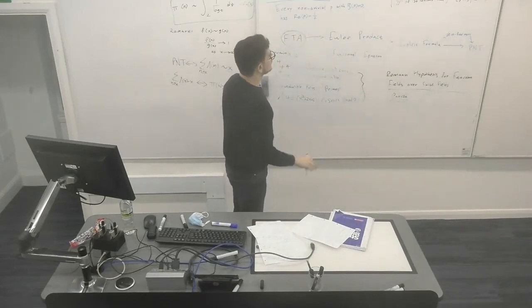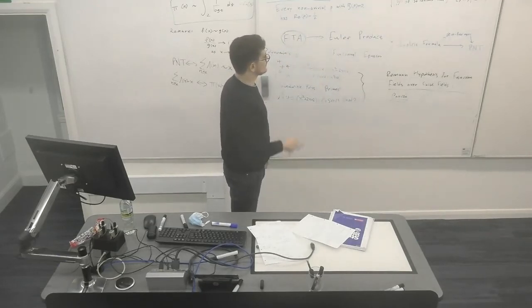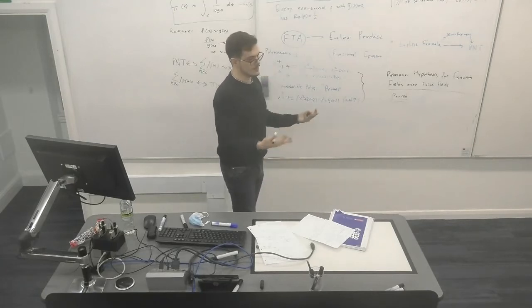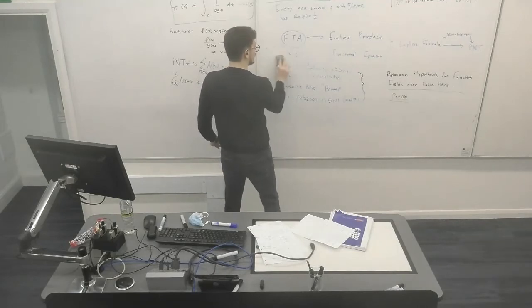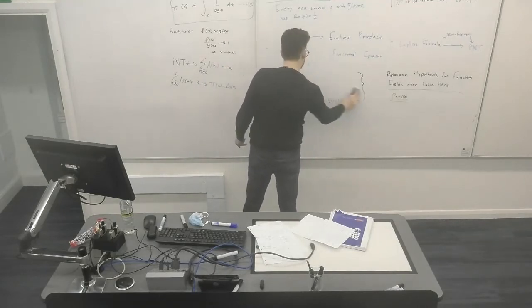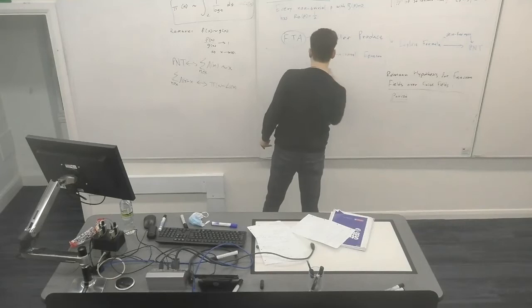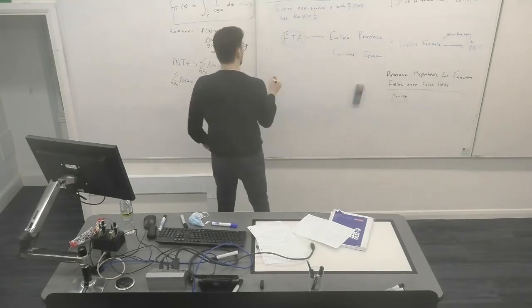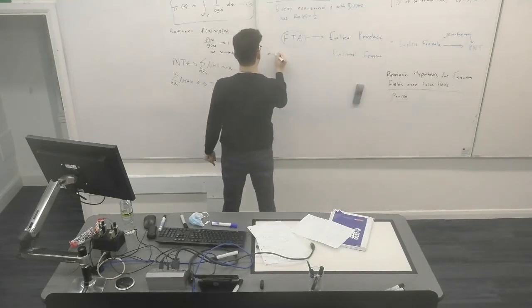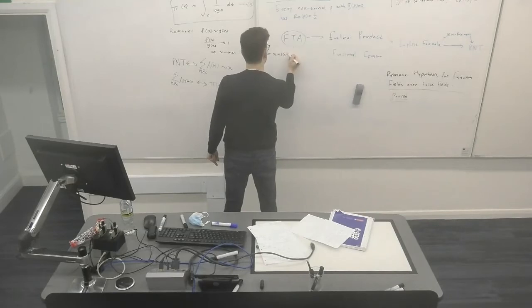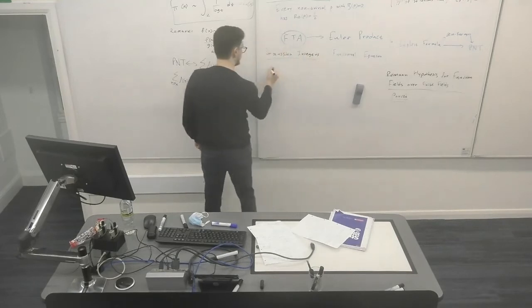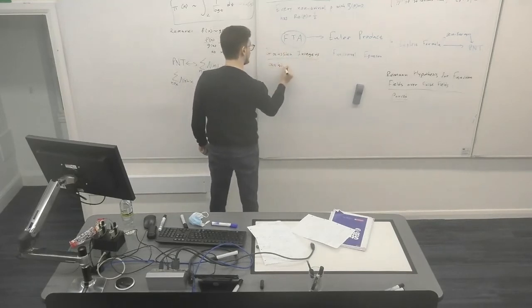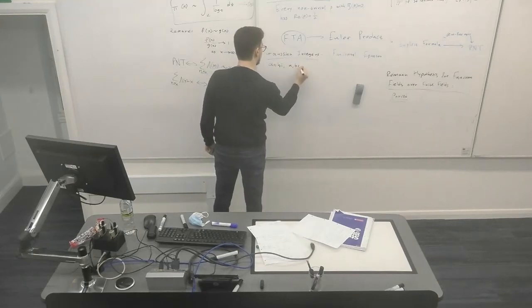Of course, we don't need to stop there, right? There are other things that happen. So, for example, we have this thing called the Gaussian integers. Probably you've seen that in some course. Those are numbers of the form a plus bi, where a and b are integers.